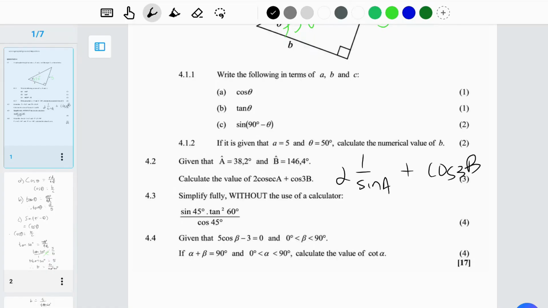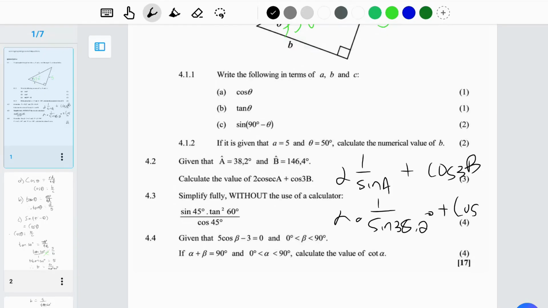So what we can do now is say 2 times 1 over sine A, which is the sine of 38.2 degrees, plus the cos 3.